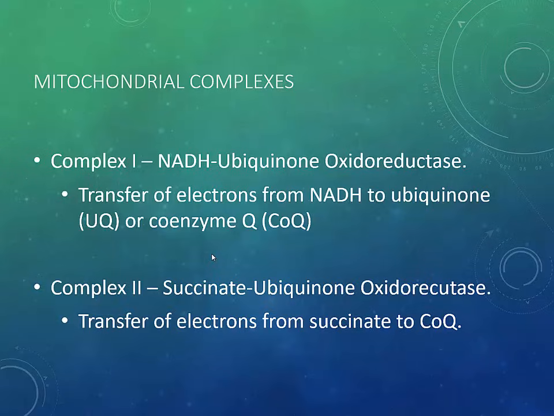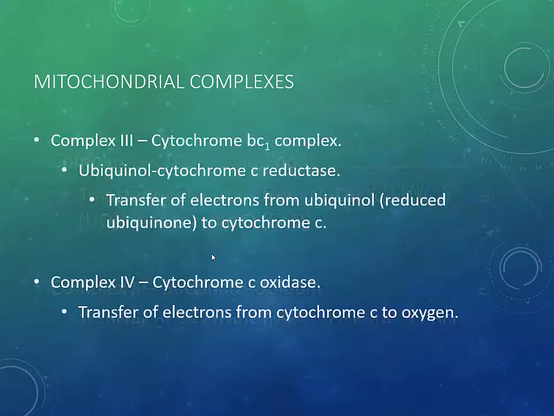Rather, complex 1 and complex 2 both go to coenzyme Q, also known as ubiquinone. Complex 3, or the cytochrome BC1 complex, or the ubiquinol cytochrome C oxidoreductase, transfers electrons from the ubiquinol, which is reduced ubiquinone, onto cytochrome C. Cytochrome C then offloads onto complex 4, which is called the cytochrome C oxidase, and we transfer electrons from cytochrome C to oxygen.